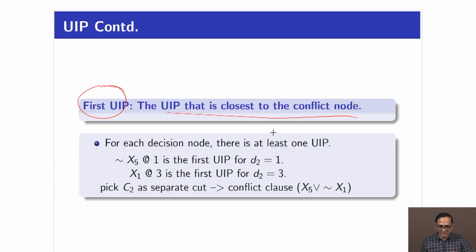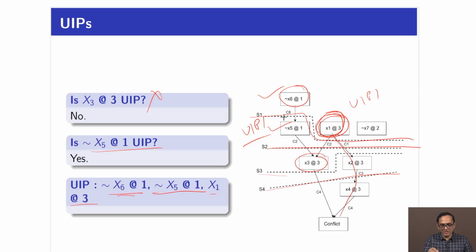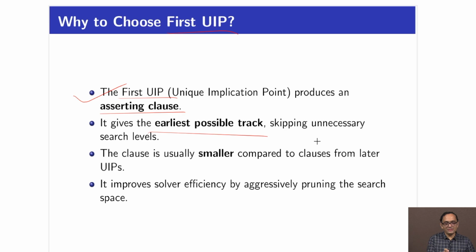As I have seen here, both S1 and S2 are asserting clauses, and if I start from this node, I will get this cut first, right. So, I will basically get this on the first UIP 1. This is the earliest one I can give. So, unnecessary search I can avoid and I can make my process faster, right. Similarly, this clause is the smallest one because I do the minimum backtracking. Okay.